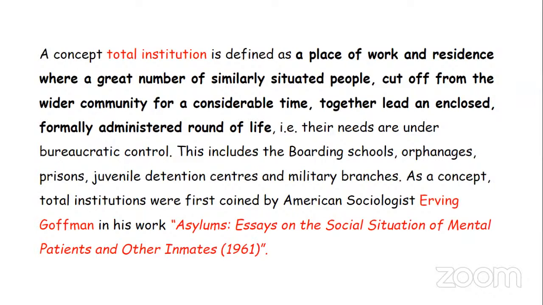Examples of total institutions include boarding schools, orphanages, prisons, juvenile detention centers, and military branches. It was first coined by Erving Goffman in his work Asylums: Essays on the Social Situation of Mental Patients and Other Inmates. So that is the concept of total institution and it is related to Goffman.